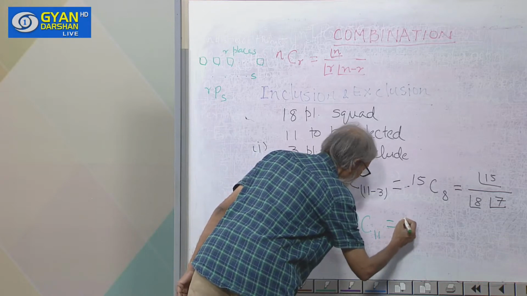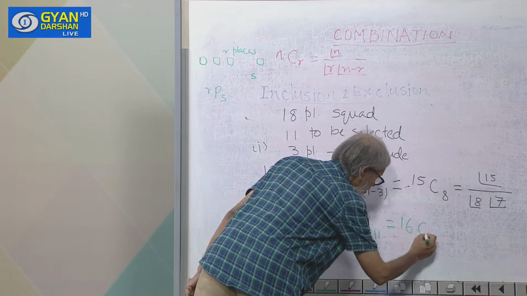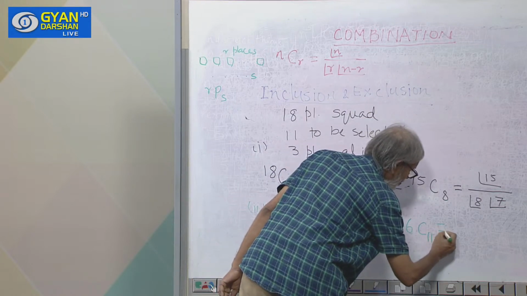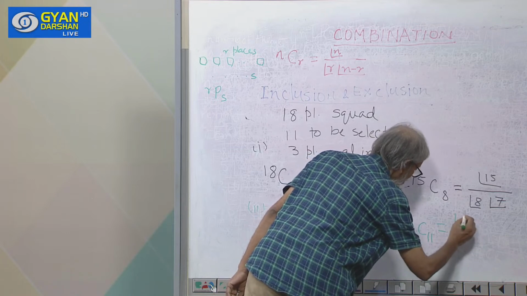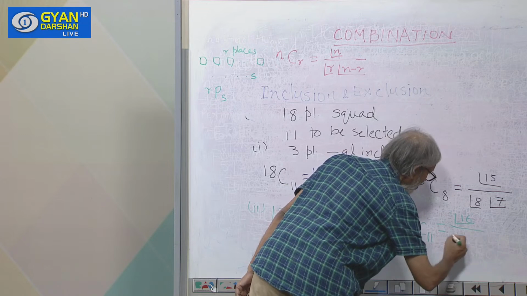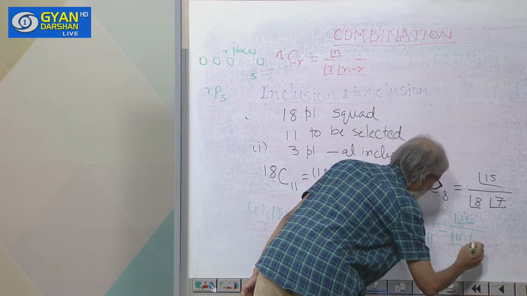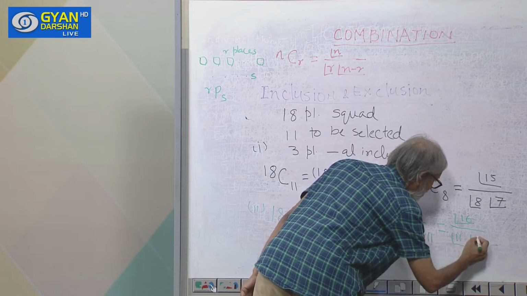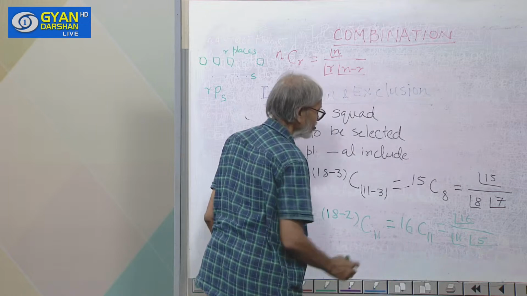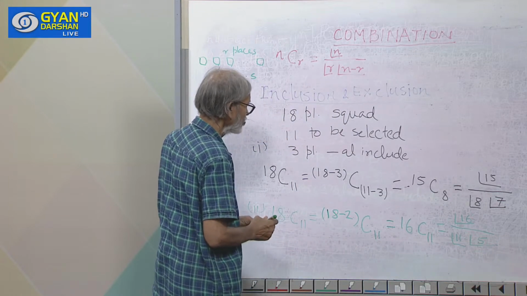So it will be 16C11, which equals factorial 16 by factorial 11 into factorial 16 minus 11, that is 5. So you can calculate now.